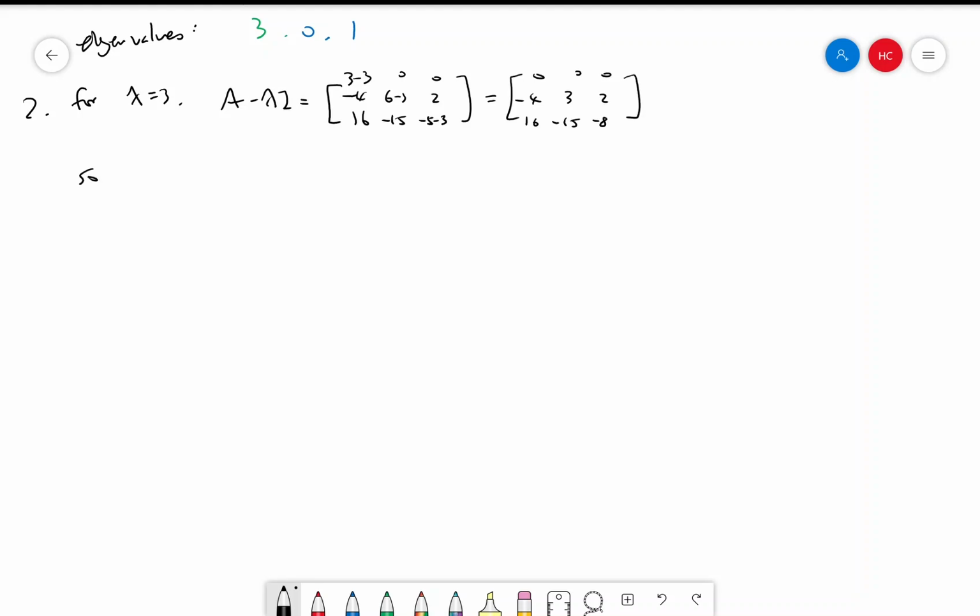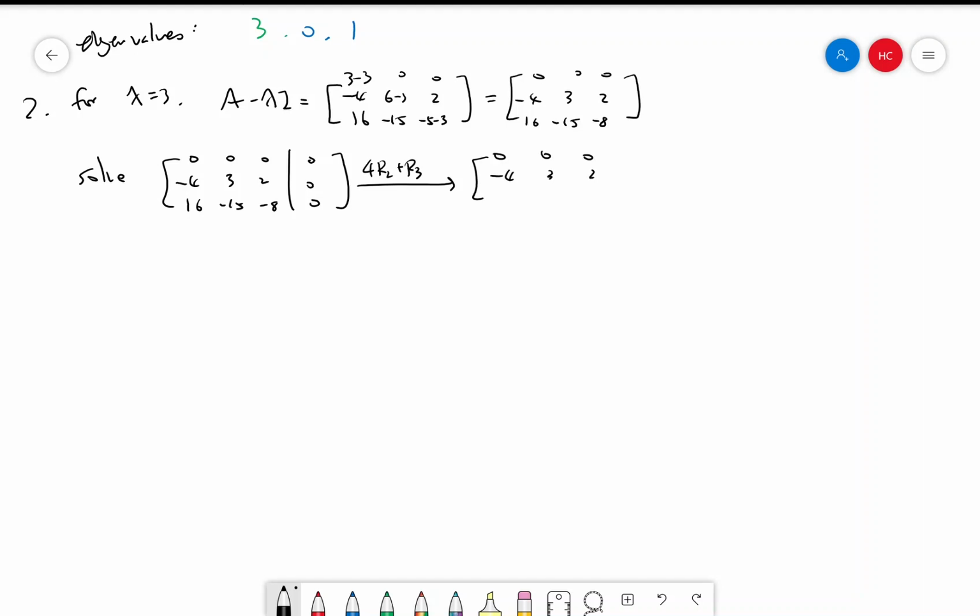Alright, so we want to solve the system of linear equations like this. We know the first row doesn't give you anything. To kill the 16, we do 4R2 plus R3. So we get negative 4, 3, 2, 0, negative 3, and 0.